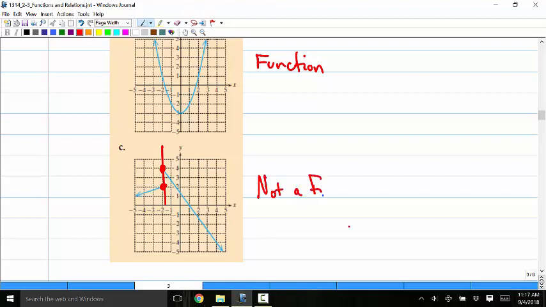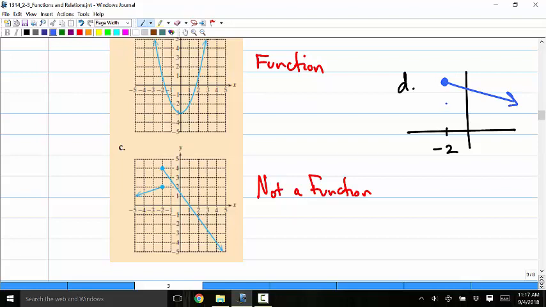If one of those points was an open circle, it would still pass though, right? Okay, so the question is, if I change the problem, let's go over here and do D. And my function now looks like, say, this. I just gave you the answer.